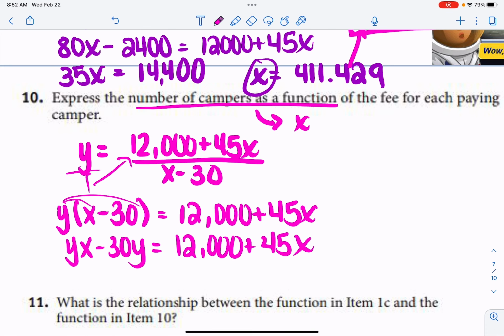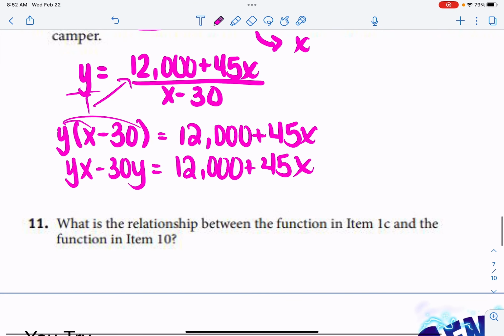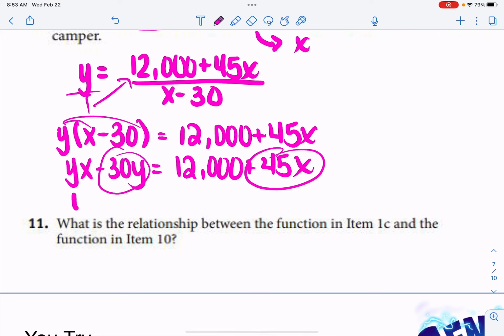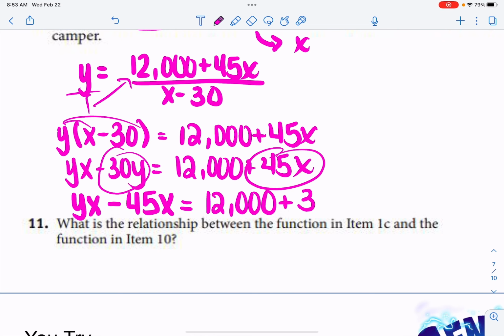Here's what I'm going to do: I am going to solve for x. That means I need to get x's all to one side and everything else together. So this needs to be moved by adding 30y, and this needs to be moved by subtracting 45x. So rearranging that, you get yx minus 45x equals 12,000 plus 30y.